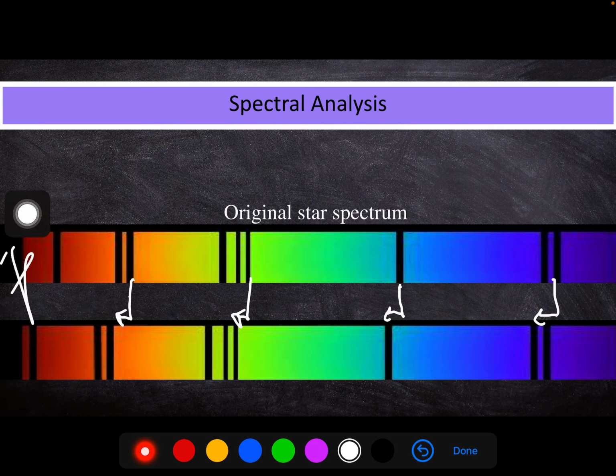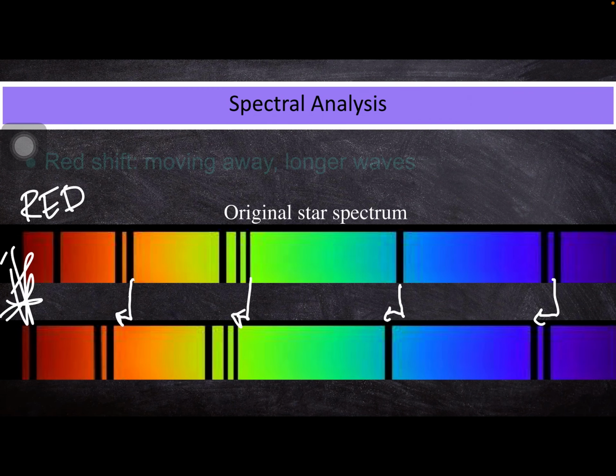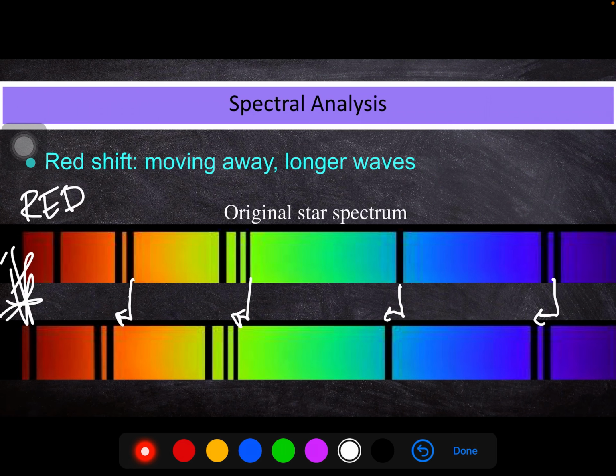And that end, in this example, is the red end. So observing this change in spectra over time, I would recognize that this star is going through a red shift, meaning its wavelengths are appearing longer and the star is moving away from us. Again, another bullet point for your additional information.